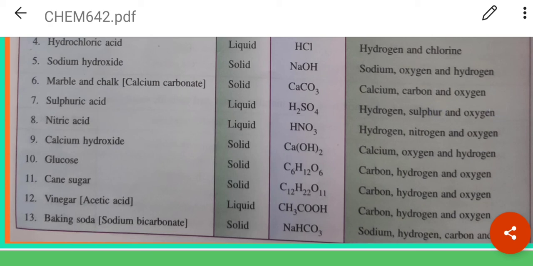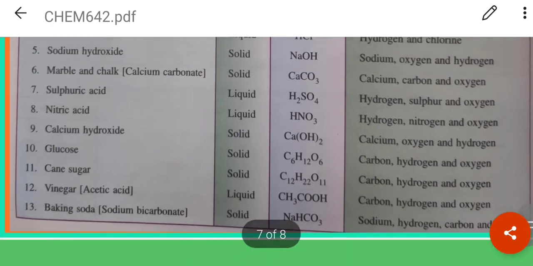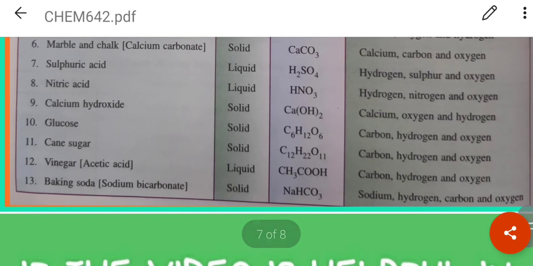Nitric acid HNO3. Elements present are hydrogen, nitrogen and oxygen. Calcium hydroxide, it's a solid. Elements present are calcium, oxygen and hydrogen. Later on you are going to learn that calcium hydroxide is also known as lime water.